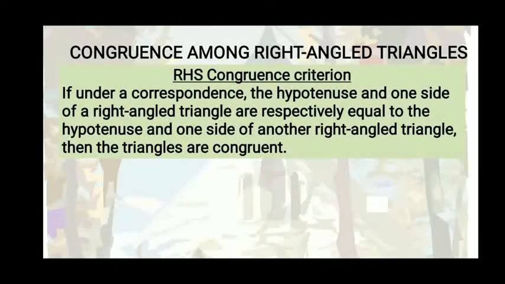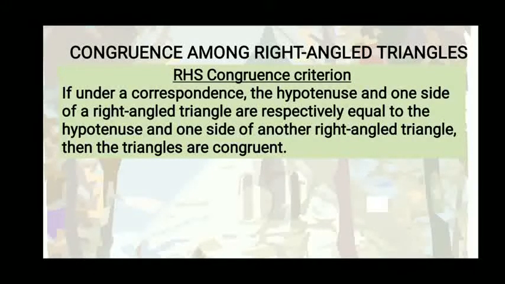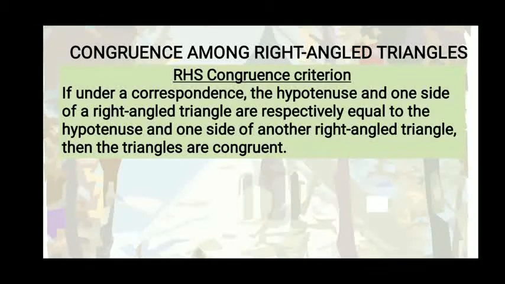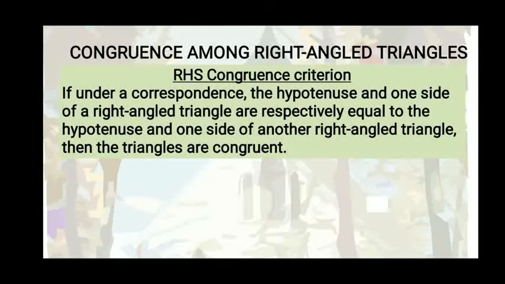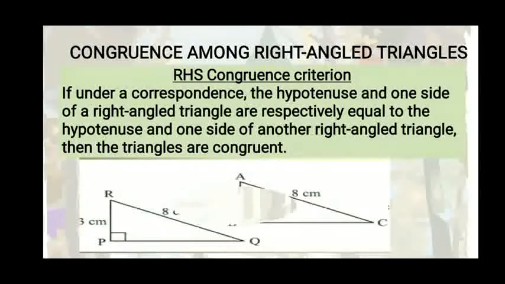This is how it is abbreviated. Next, we need to understand what exactly we mean by one side. The one side here is one of the perpendicular sides, the sides that make the 90 degree angle, not the one that faces the 90 degree angle.